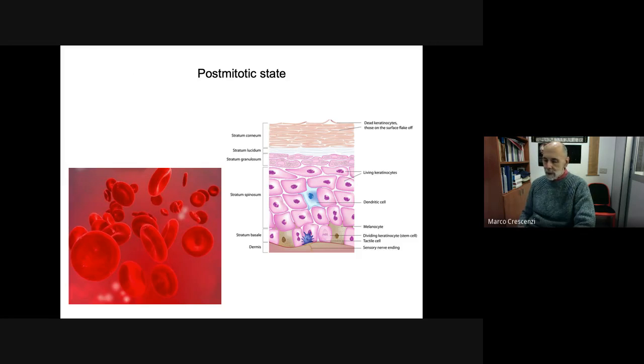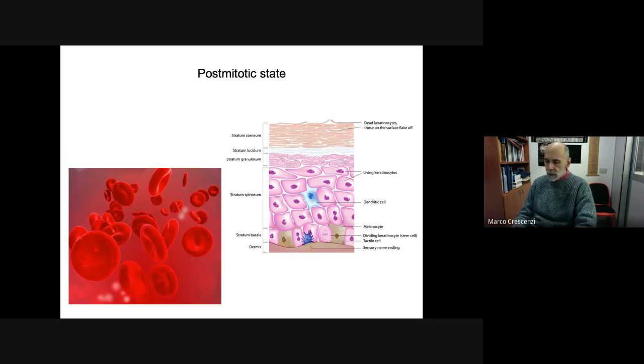The classic view that differentiation is unidirectional, that it cannot be reverted, has been challenged by the discoveries we have made in the last several tens of years. So it is no longer true that differentiation cannot be reverted, both in nature and in the laboratory.